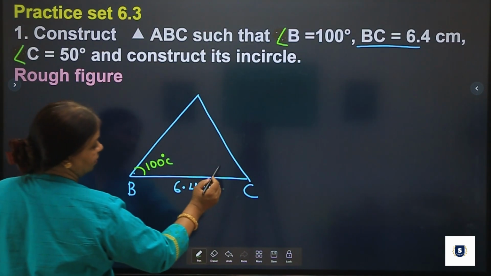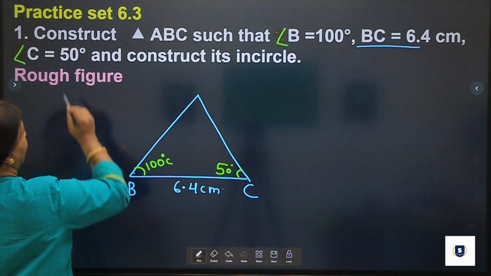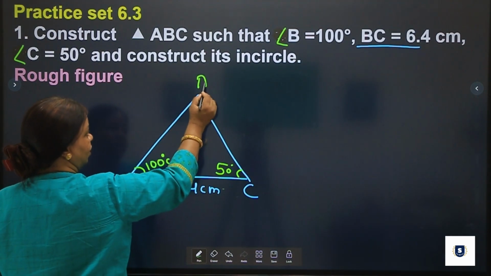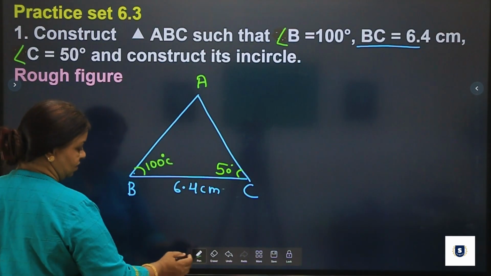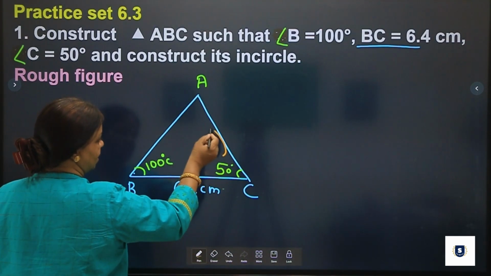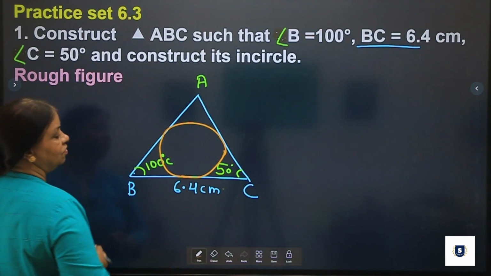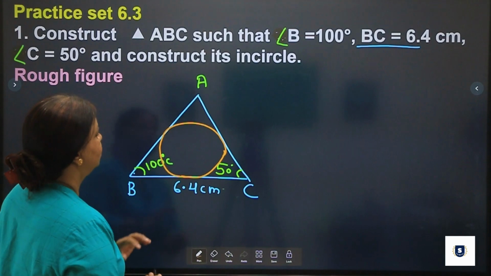Angle C is 50 degree. So, we need to construct an incircle. Incircle means the circle which touches all the three sides of the triangle.